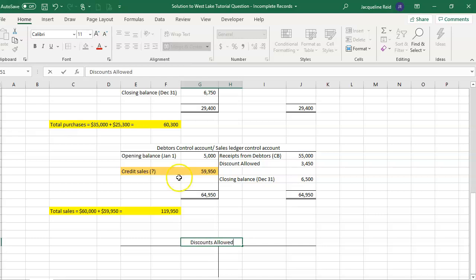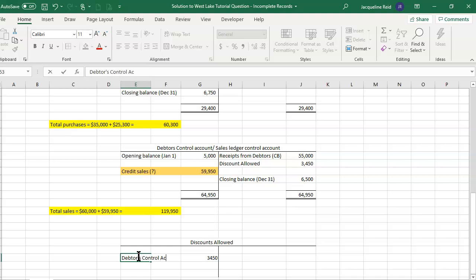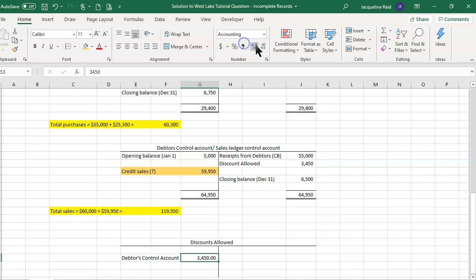Can't leave that out. So 3,450 is my figure. And I'm going to put here debtors control account as the other account that has the credit. Okay, I feel better now. So I've sorted that out. So let us move on now to part C.